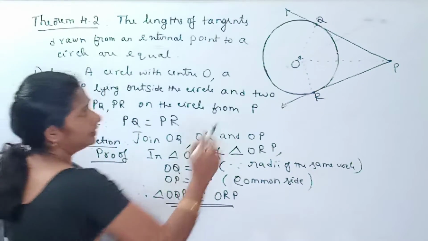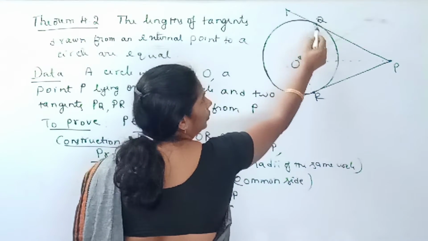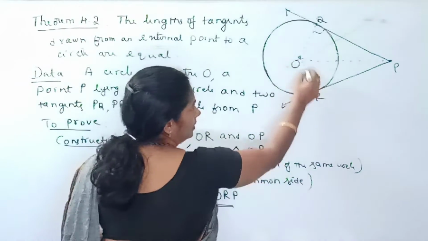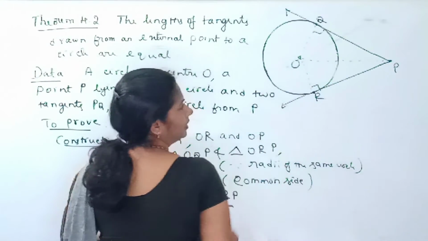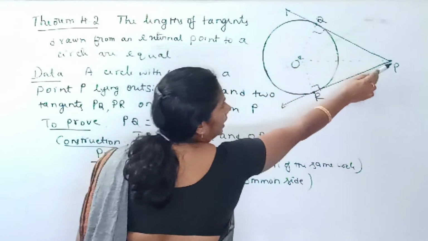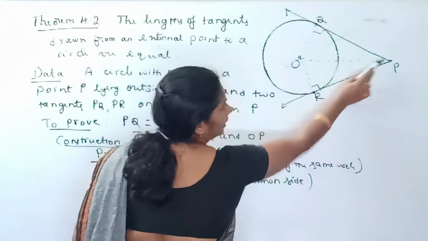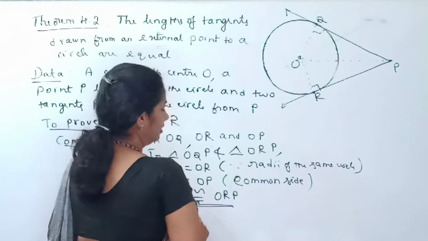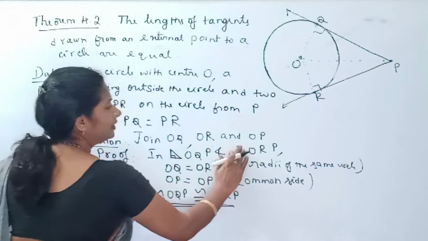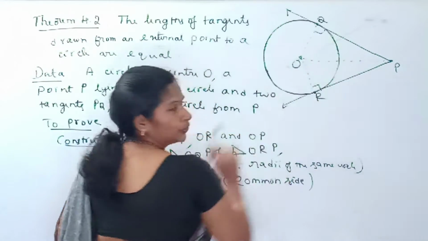because you know that the first theorem you have learned says the radius drawn to the point of contact is perpendicular to the tangent. Radius drawn to the point of contact is perpendicular to the tangent. Now OQP is a right angle triangle. ORP is also a right angle triangle. So here you can write it as a right angle triangle, because OQ is perpendicular to PQ.